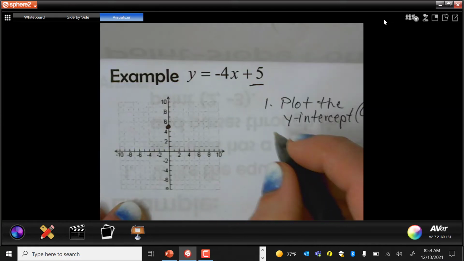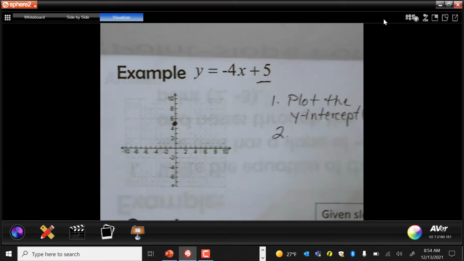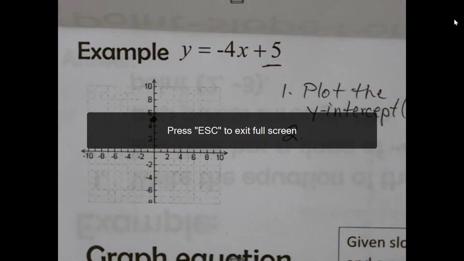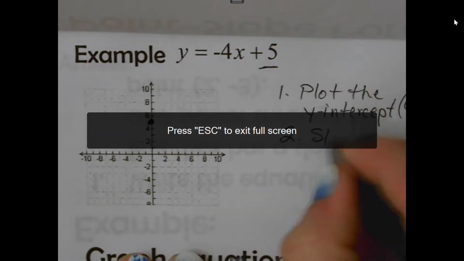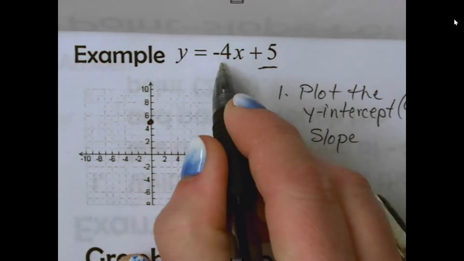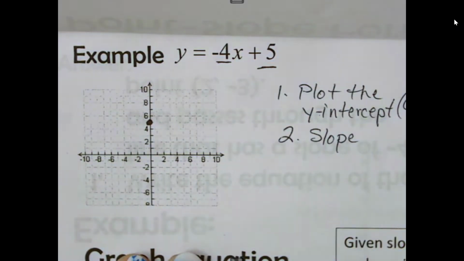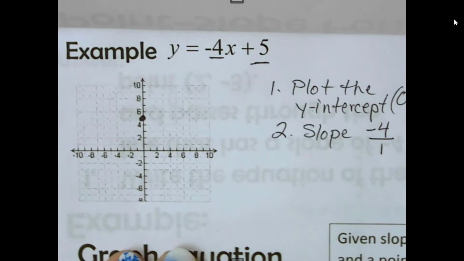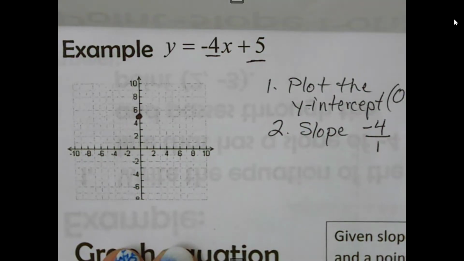Then the second thing, remember, that we do is we find the slope. And that slope is the coefficient in front of x. We have -4, and I'm going to put a 1 under it just to remind us that we still have to go to the right one.